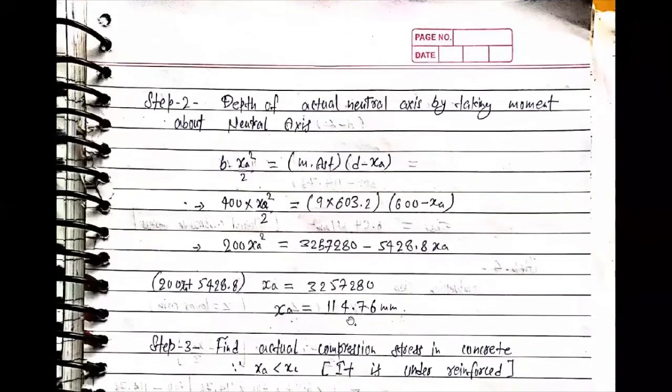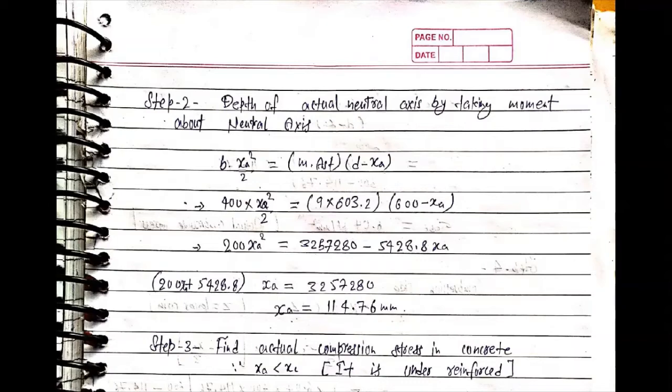We are done with step 1. Moving to step 2, depth of actual neutral axis by taking moments about neutral axis. This is the same methodology that we have been following since last 2 numericals. We learned this formula from the analysis part of singly reinforced beam, which is B into XA square upon 2 is equal to m AST multiplied by D minus XA, which is also known as the lever arm.